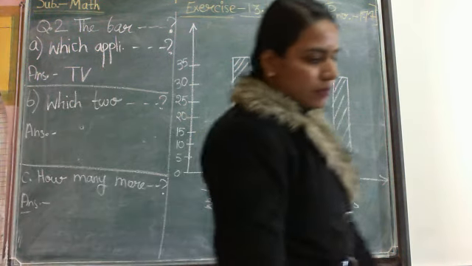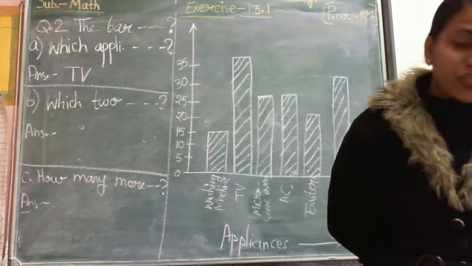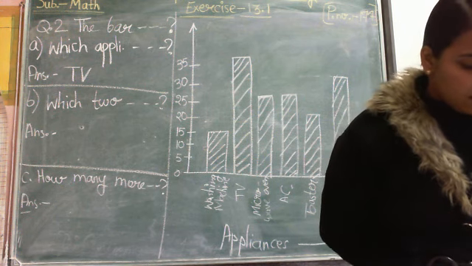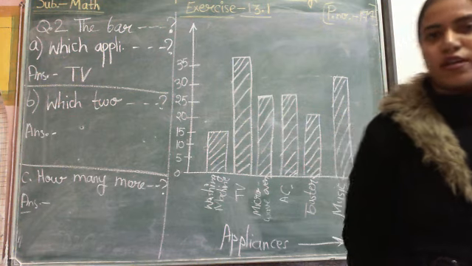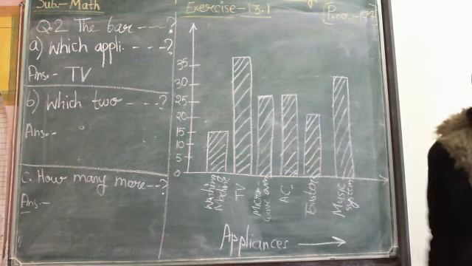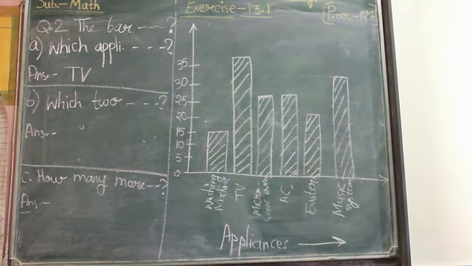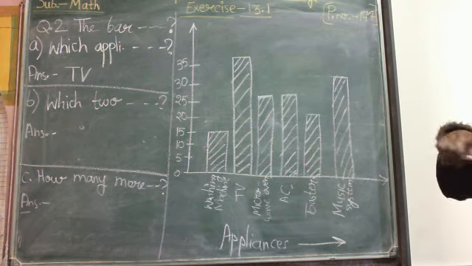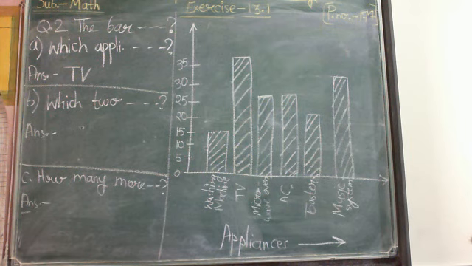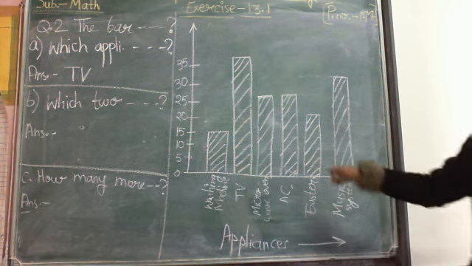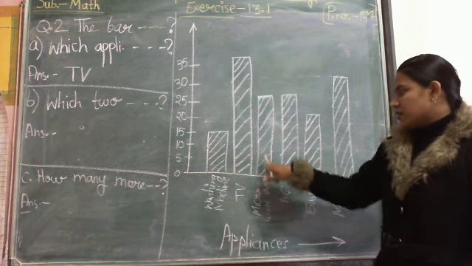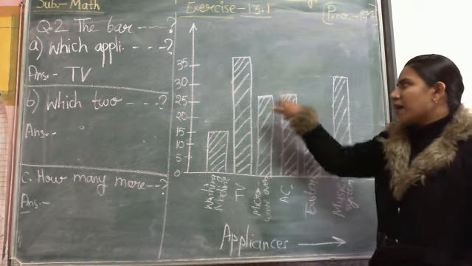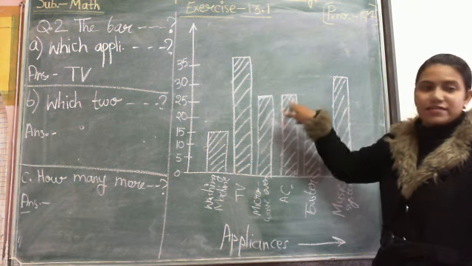Now question number B. Which two appliances were sold equally and how many of these were sold? Now observe the bar graph. Which two appliances sold equally? By observation we see that for microwave and AC, the length of the bar is the same.